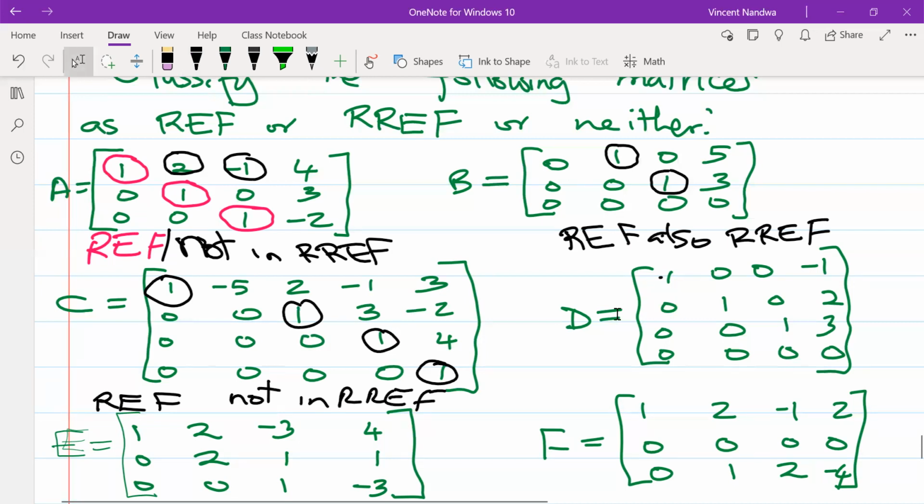Then D, row echelon form or not row echelon form? Is it in row echelon form?